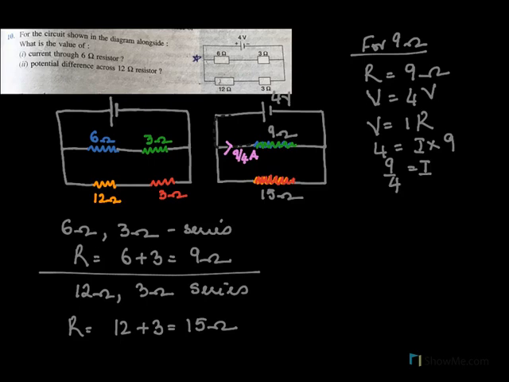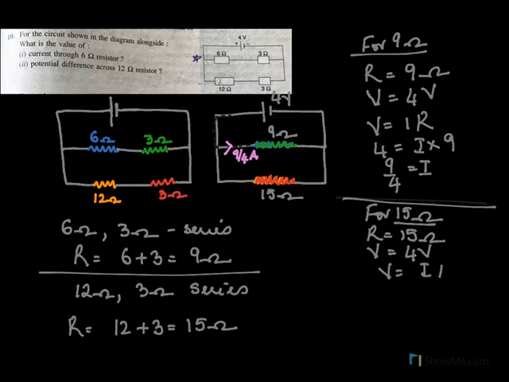Now we'll find the current flowing in the other arm, the second arm, for 15 ohms. For 15 ohms, we know the resistance is 15, and the potential difference is the same, 4 volts. It is in parallel, and when parallel, the potential difference is the same.